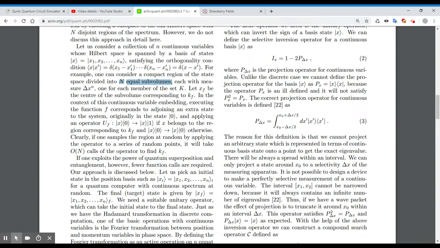So, which means, okay. In the context of this continuous variable embedding, executing the function f corresponds to adjoining an extra state to the system. Clearly, if one samples the region at random by applying the operator to a series of random points, it will take a long time to find k.